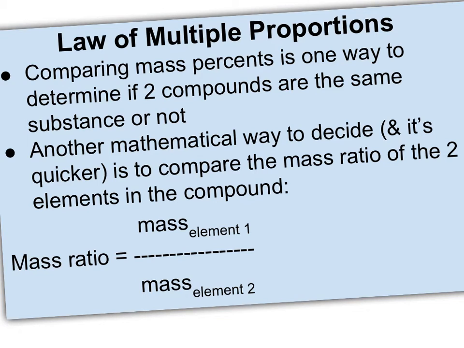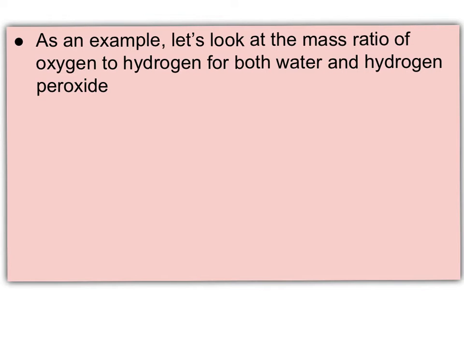Now, it doesn't matter which element I designate as element 1 and element 2, as long as I do it the same for each compound I'm comparing. So as an example, let's look at the mass ratio of oxygen to hydrogen for both water and hydrogen peroxide. Now it's important you read carefully because it says the ratio of oxygen to hydrogen.